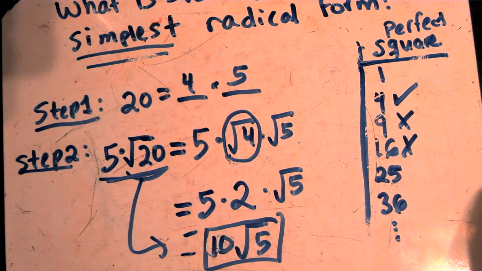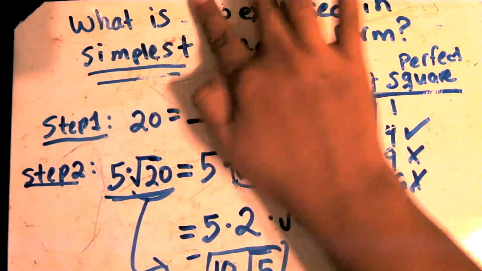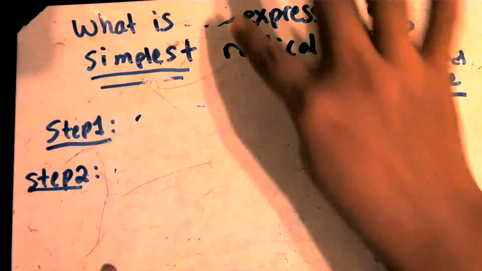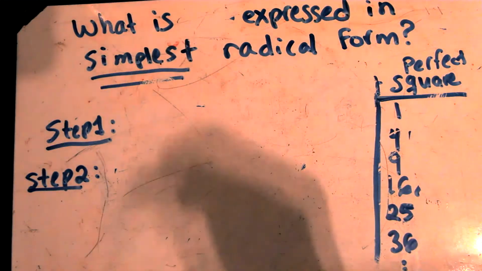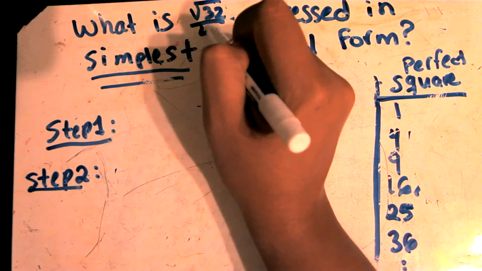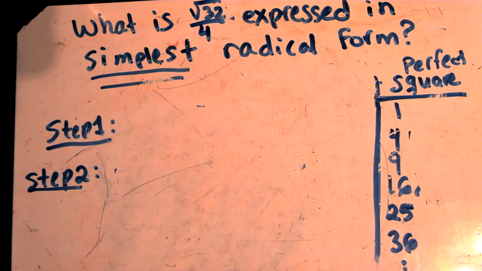And one more example where we have a fraction. A fraction shouldn't scare anybody. You have radical 32 divided by 4. And we did 32 earlier, right?